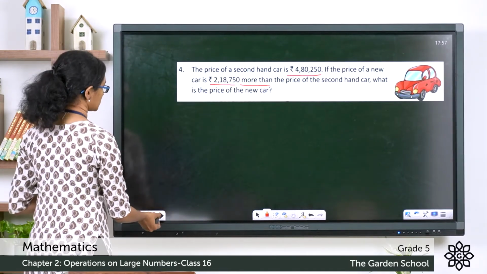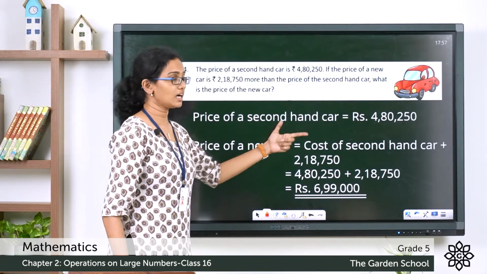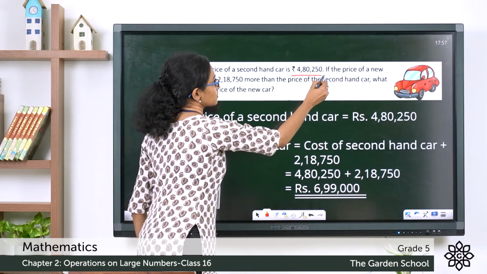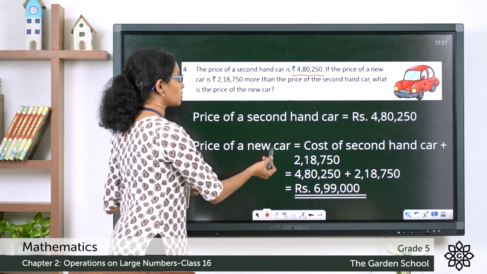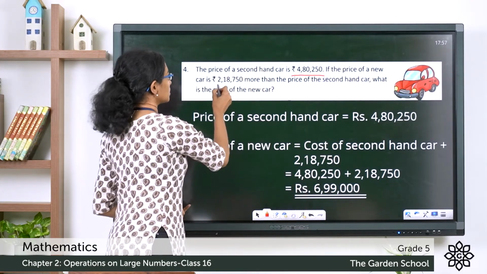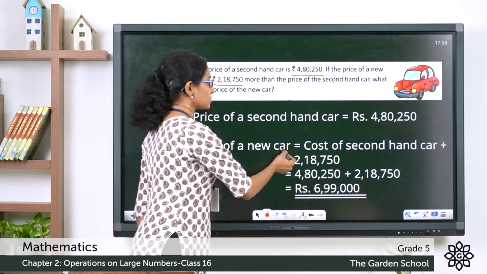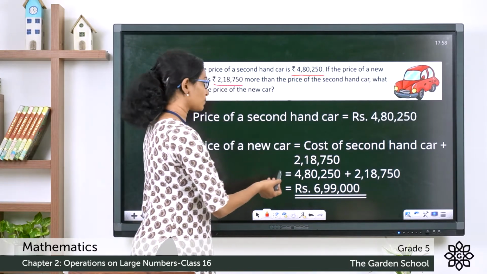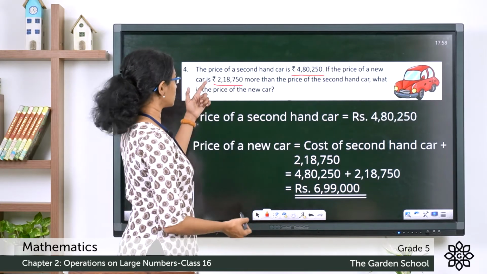So, from the question, we can write down the steps as the price of the second-hand car is equal to how much? Rupees 4,80,250. Now, the price of the new car will be this amount plus rupees 2,18,750. So, the steps will be the price of the new car equal to the cost of the second-hand car plus the amount here.